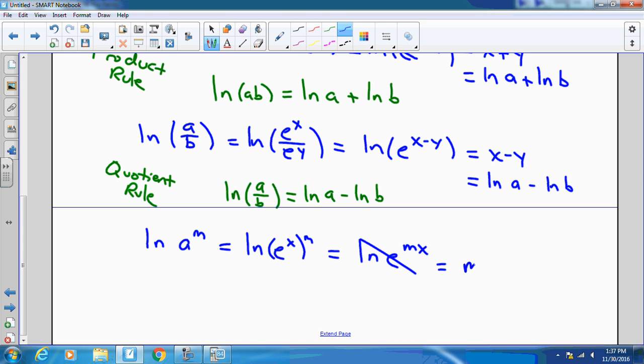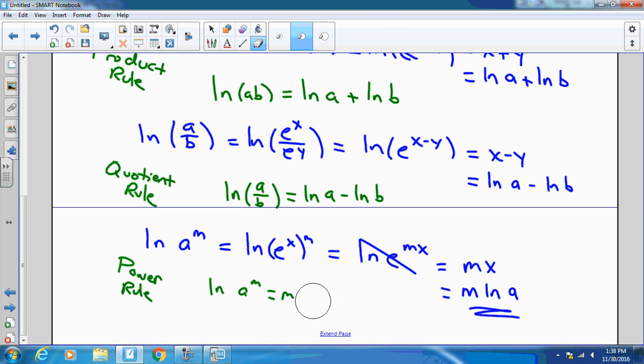Cancel again. And the log of A to the m is the same as m ln A. This third property here is extraordinarily useful to us, and we're going to be using it a whole lot. This is the power rule for logs. The log of a power is power times the log.